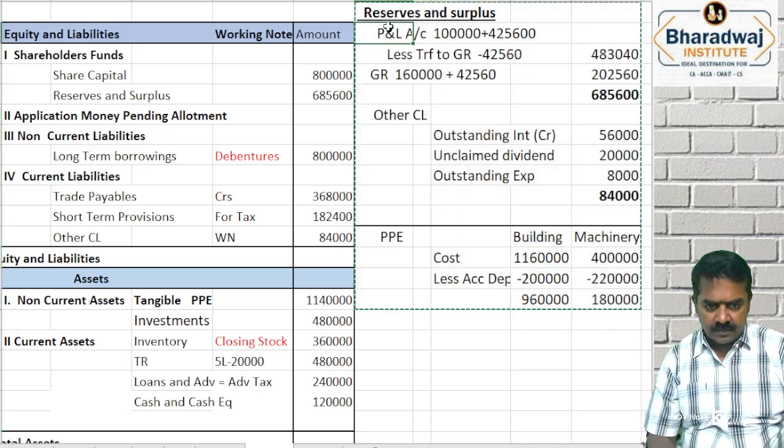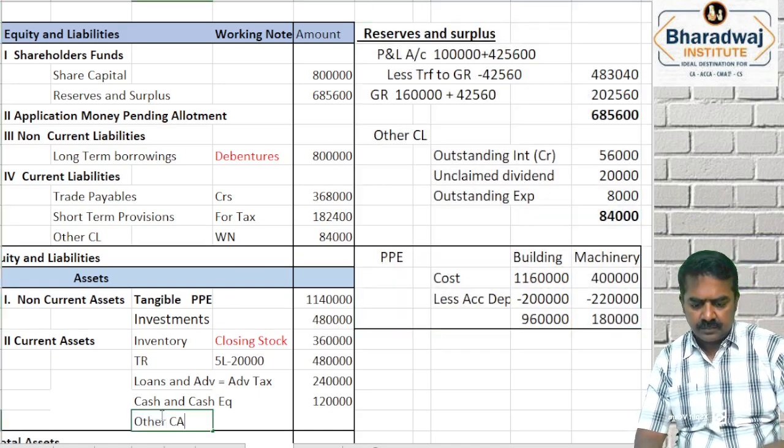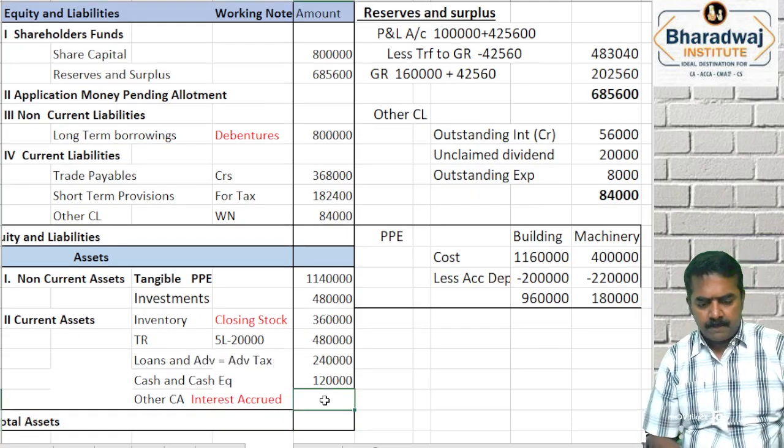Yes. Other current assets, nothing but interest accrued. Interest accrued is on the debit side. Interest earned but not received. How much? 8,000, sir.